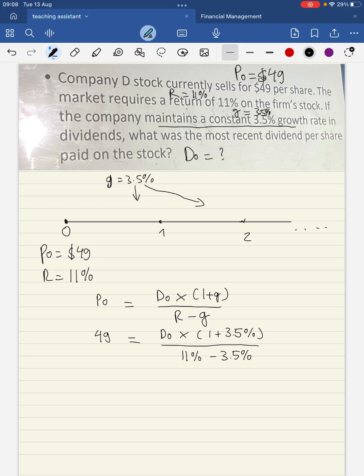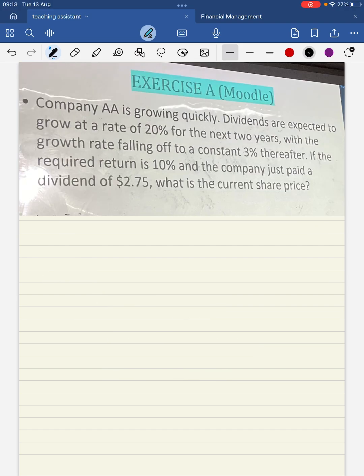And after doing some calculation, the final answer is 3.55. Therefore, the most recent dividend per share paid on the stock was $3.55.